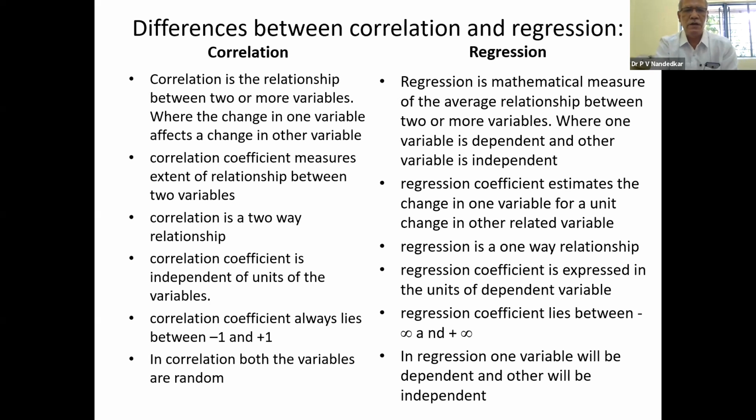Similarly, in correlation, the distribution of both variables is random, whereas in the regression equation, one variable is independent and the other is the dependent one.